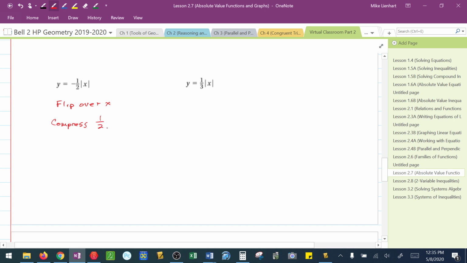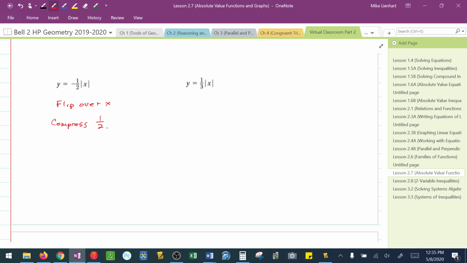What does compression mean? Well, think back to the parent. Again, I know this might be difficult, so it might not be a bad idea, guys, to go ahead and graph these on a graphing calculator to see how they compare to the parent, okay? But a compression of 1/2 means this. If a point is supposed to be at 1, 1, that point is actually at 1, 1/2. It's halfway to that 1.